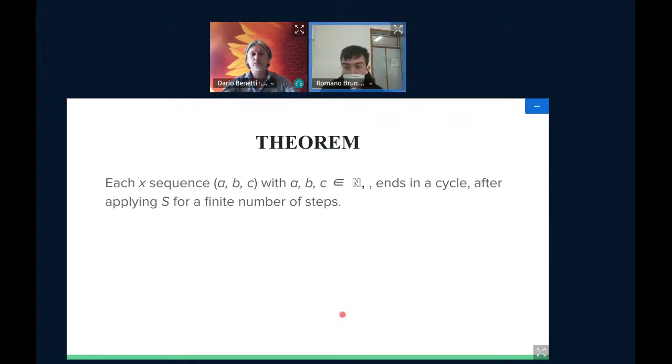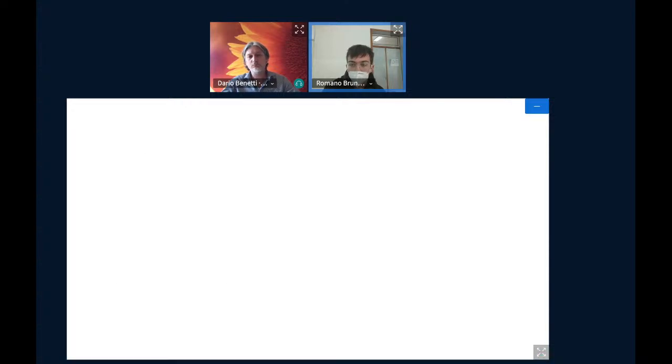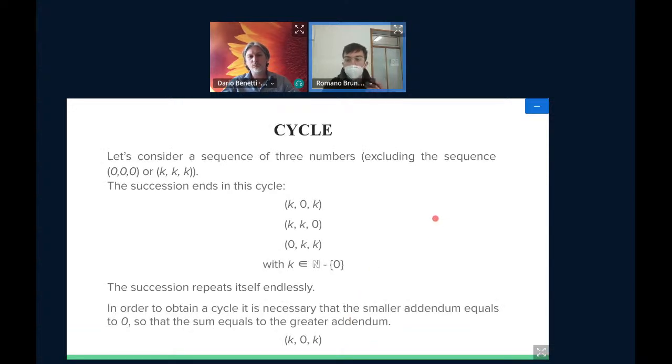So, as we said, the sequence with 3 numbers always ends in a cycle after applying the S function for a finite number of steps. But how are cycles made in this type of sequence? Well, the theorem of the sum applies even in the cycle.